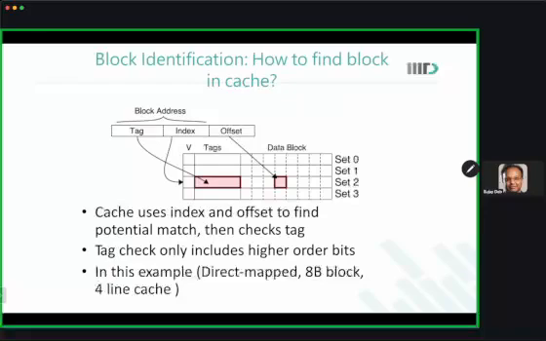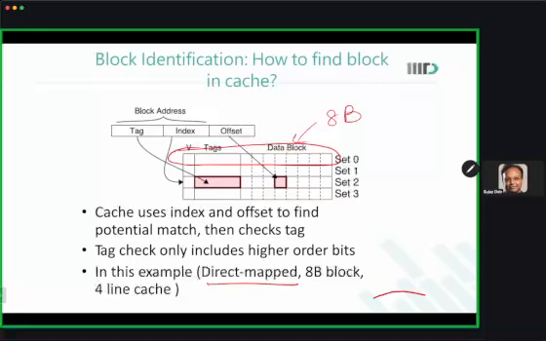Each cache block has 8 bytes, and the number of lines in this cache is 4. This is your cache line, and this is your data block, which contains 8 bytes. You have 4 such lines in your cache, and this is a direct map cache.